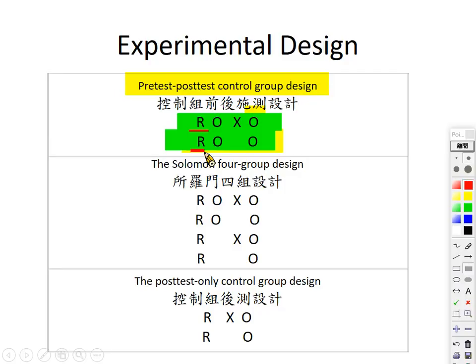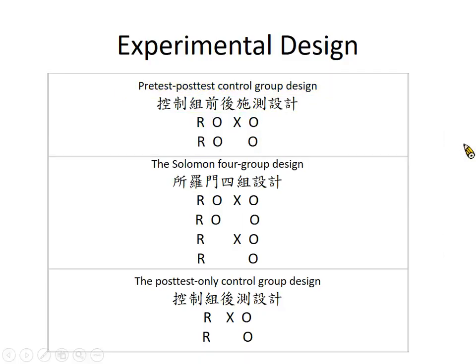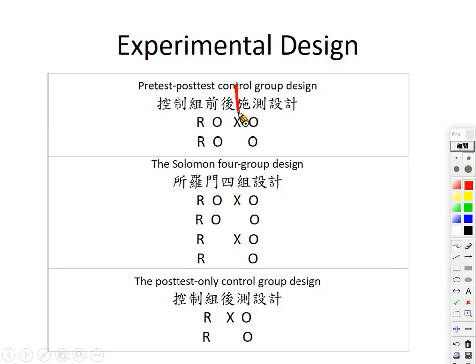Should be equal in all the variables you consider in the experiment. Okay? And for this experiment group, we will put an X up there. That is, this group will receive the treatment.